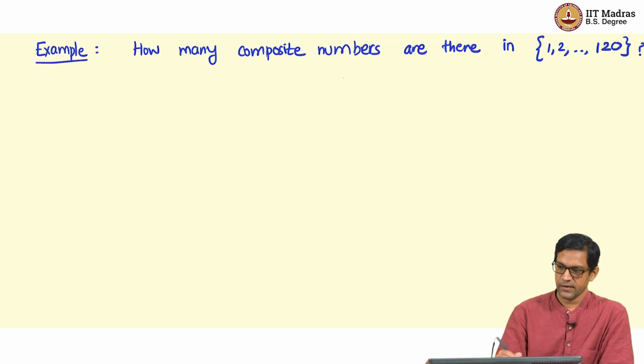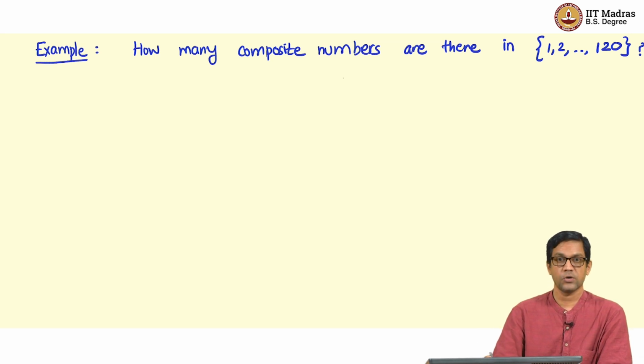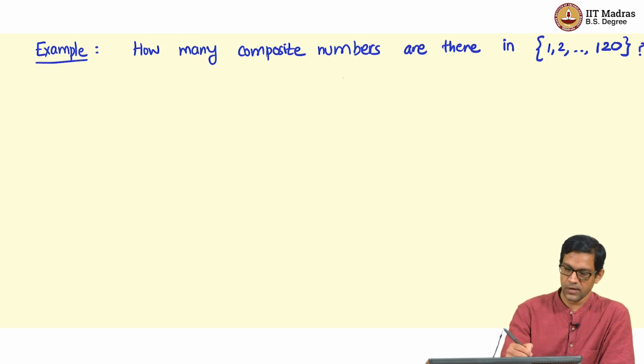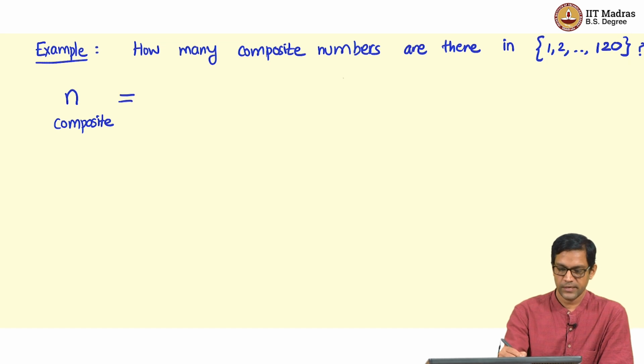Okay, so let us try and see what this has got to do with the principle of inclusion and exclusion. Now when we talked about prime numbers and Euclid's algorithm and so on, one of the things we observed is the following: suppose n is composite. Now what that means is that it has got factors other than 1 and itself.